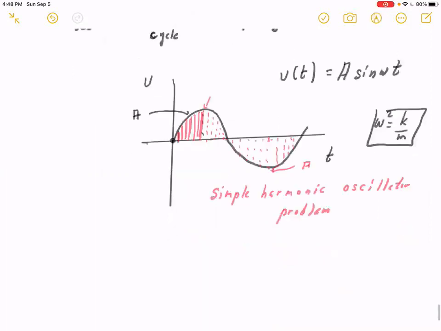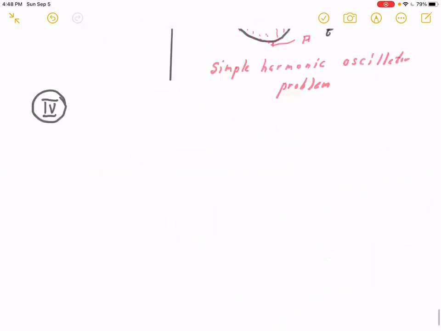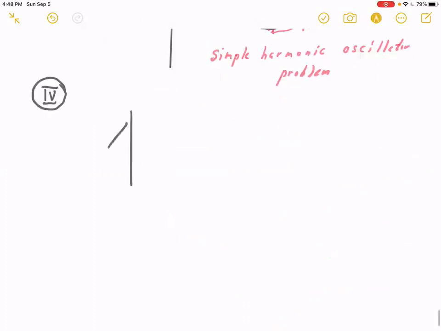Okay. So now we're going to turn up the temperature a bit, make this a little bit more complicated, just to see what's going on. So here is my simple harmonic oscillator.